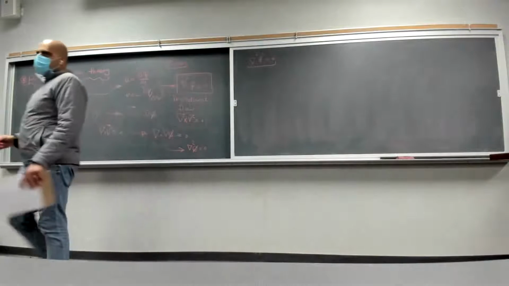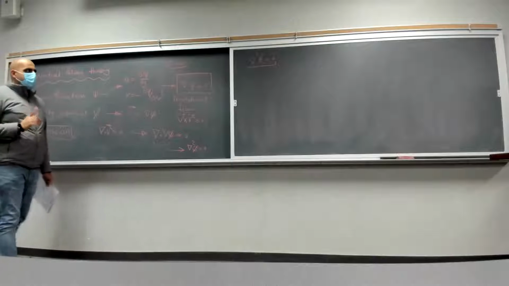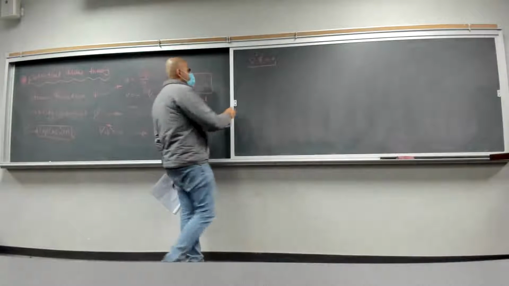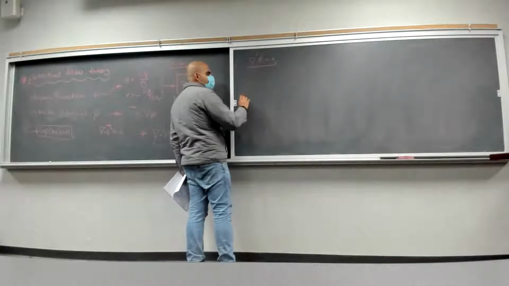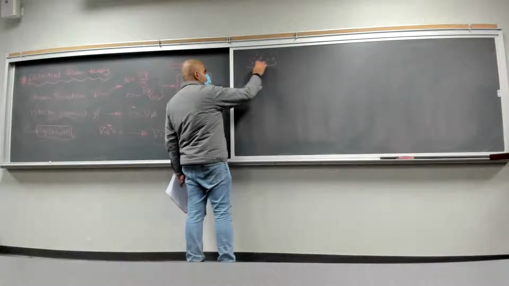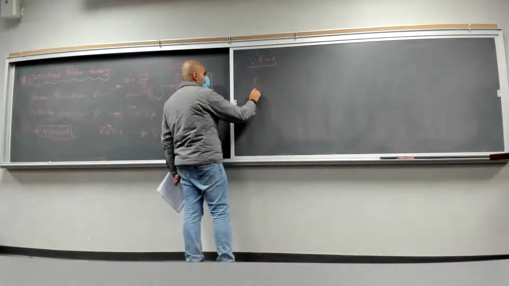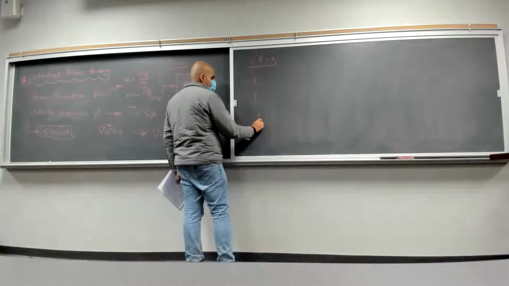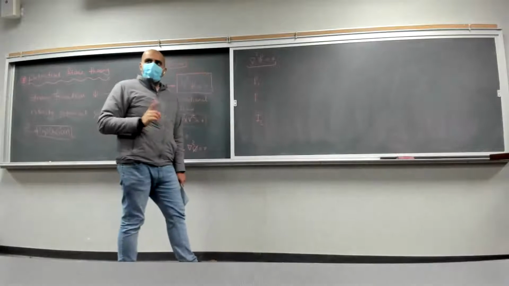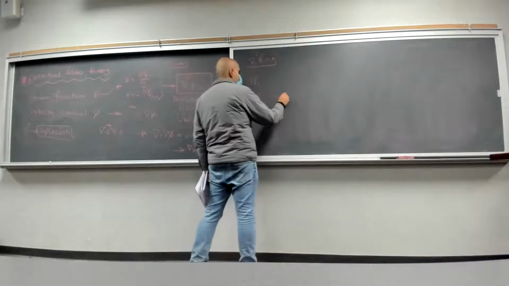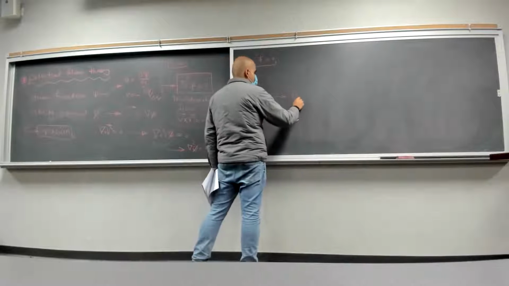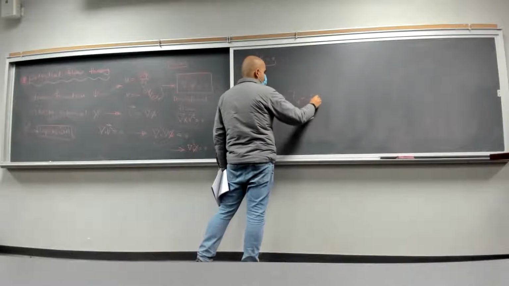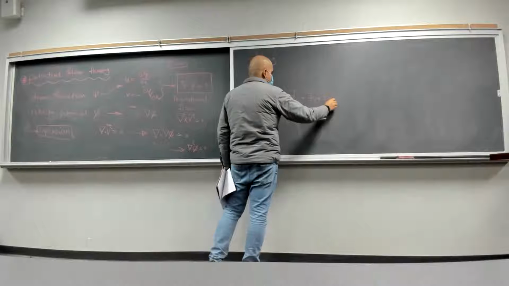If this is true, then let's say there are solutions to this equation, f1, f2, f3. Then the summation of these solutions is going to be an acceptable solution as well.